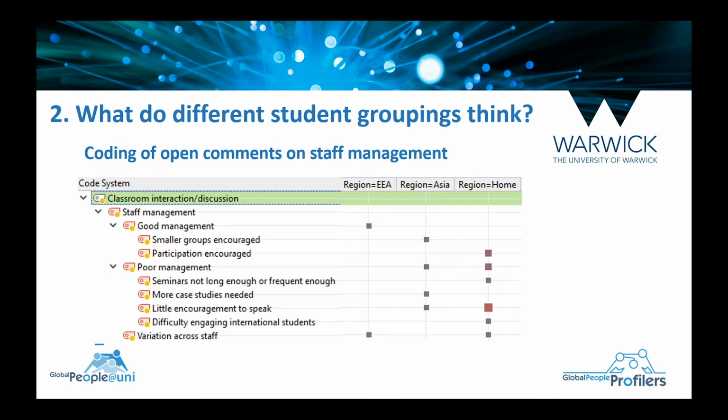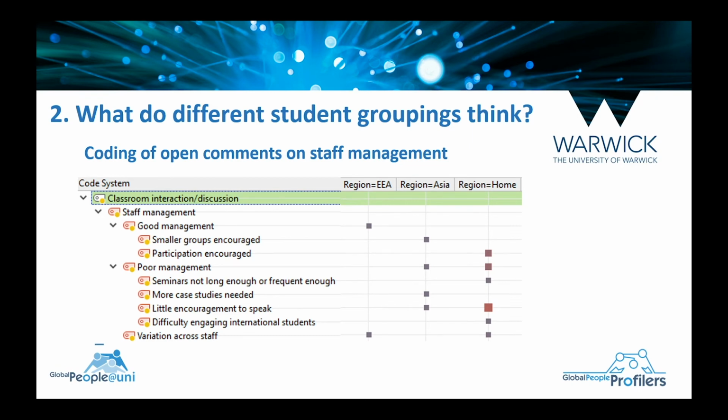And you can see we've broken it down into codings on good management and codings on poor management. So obviously we could only code according to the comments we got, and not everybody made open comments.